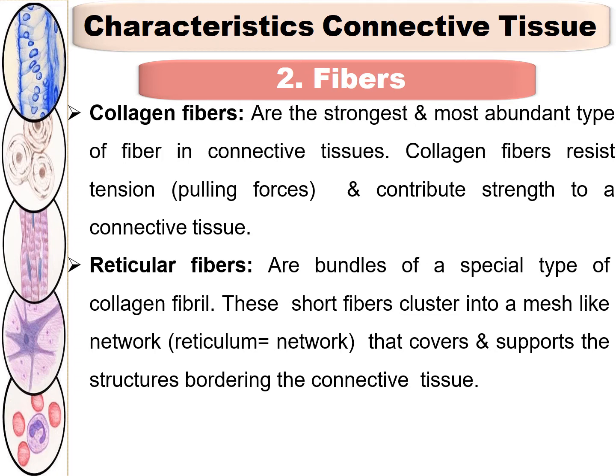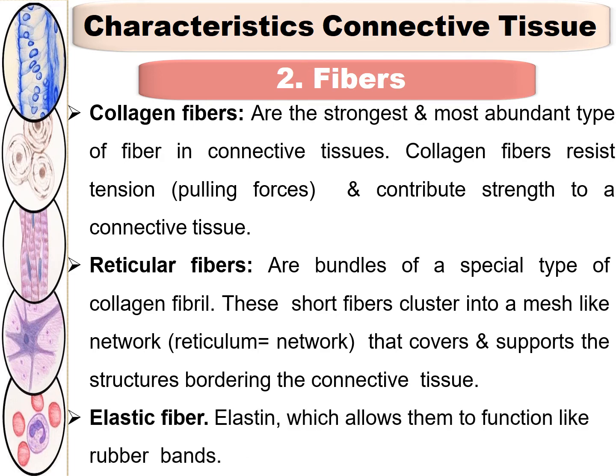Reticulum means network that covers and supports the structures bordering the connective tissues. Then the third type of fiber present in connective tissue is the elastic fiber. This contains elastin, which allows them to function like rubber bands.